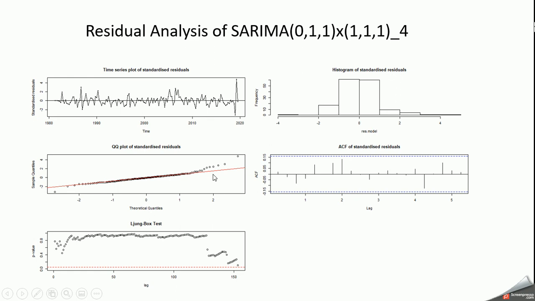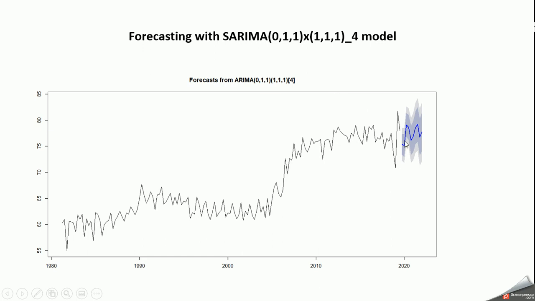The QQ plot looks pretty close to a normal distribution, and there are no significant lags here. The Ljung-Box test also failed to reject the null hypothesis, stating that there's no autocorrelation in any lags. So this is really good, and I'm going to continue to use this model to do the forecast for the next 10 time points.